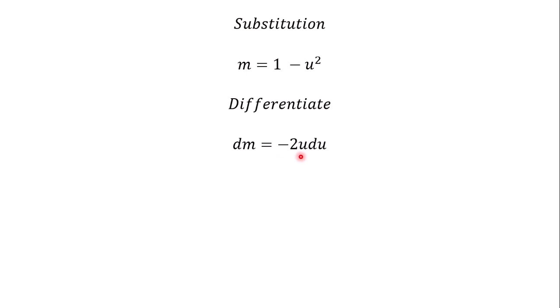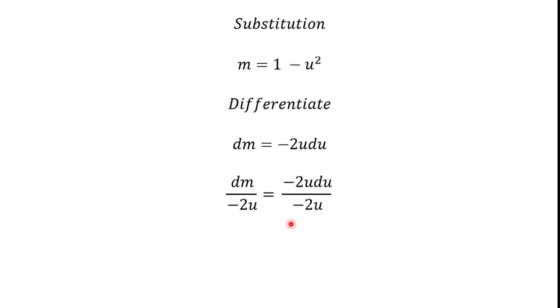Here we are going to divide both sides by minus 2u. You divide this one by minus 2u and also divide this one by minus 2u. Now here this minus 2u will cancel out with this minus 2u, leaving the u.